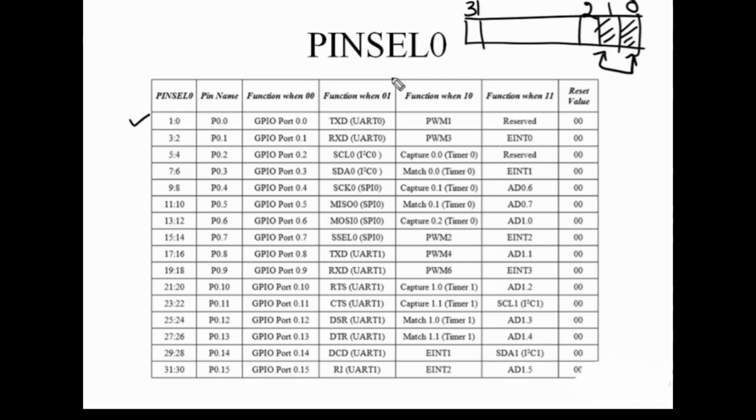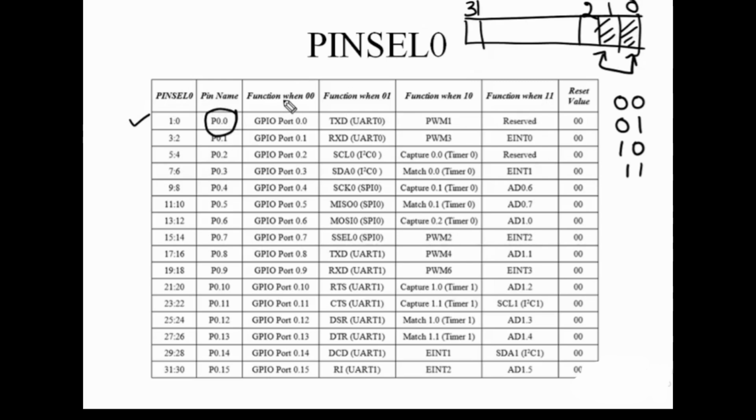If there are only 2 bit positions allowed, the possible combinations are 00, 01, 10 and 11. Each of these bit combinations represents a different function. Let's consider the first case. Based on what value is set in the first two bits of PINSEL0, port 0 pin 0 can perform these four functions.